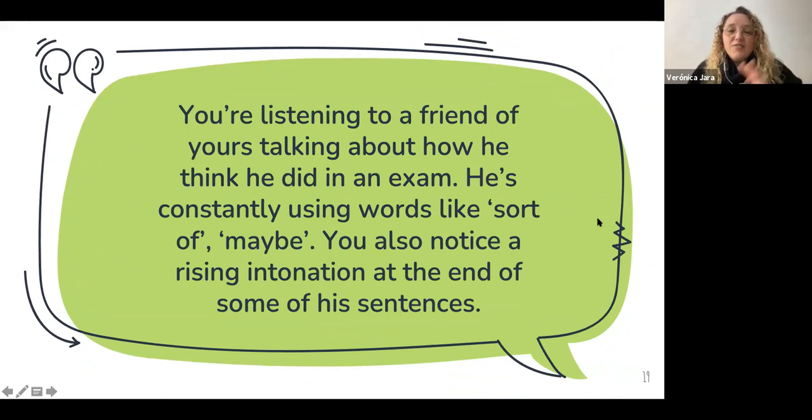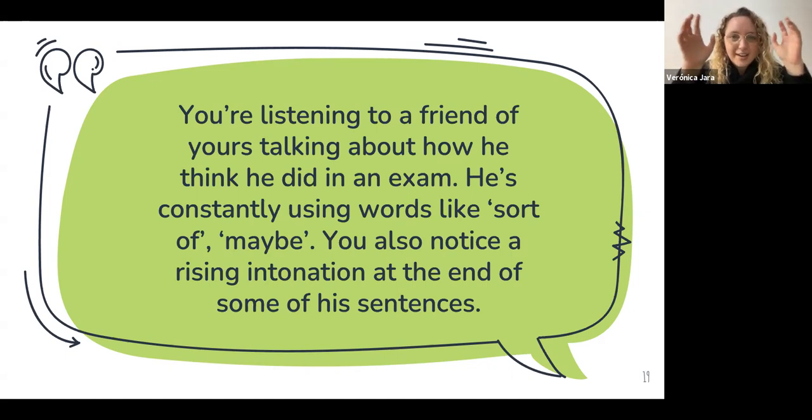And then think of this other situation. You're listening to a friend of yours talking about how he thinks he did in an exam, and he's constantly using words like sort of, maybe, yeah. And you also notice a rising intonation at the end of some of his sentences. I think I did well, or I think I understood that question, with a rising intonation. What are we listening for?